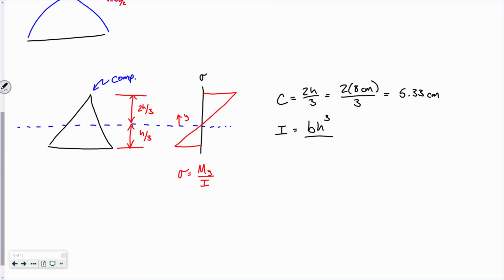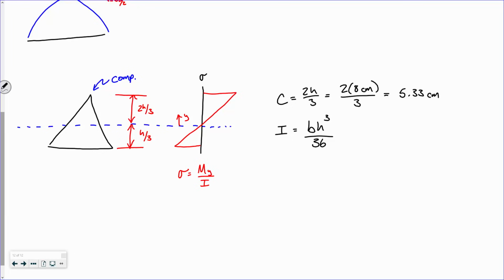BH cubed over what? Moment of inertia of a triangle, not a rectangle. You're looking for the centroidal one with respect to the centroid, X or Y. With respect to the x, because we're bending it, it's BH cubed over 36.